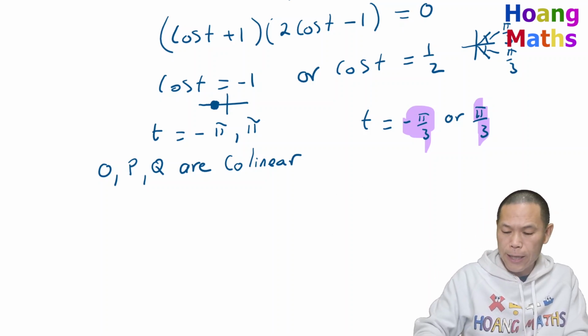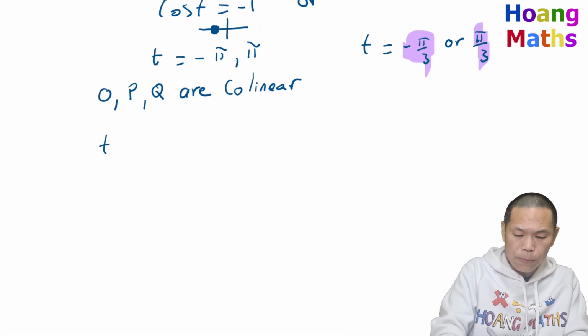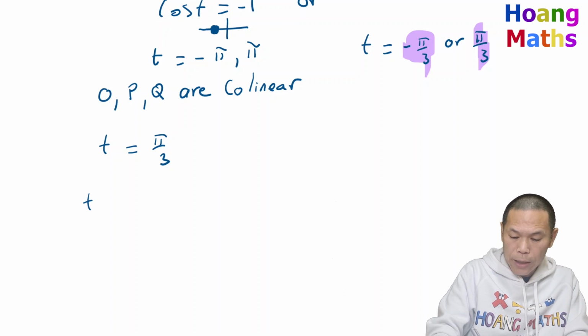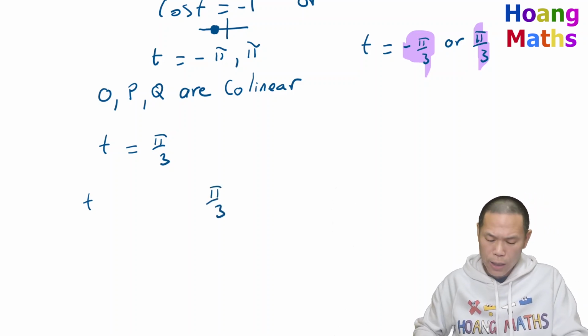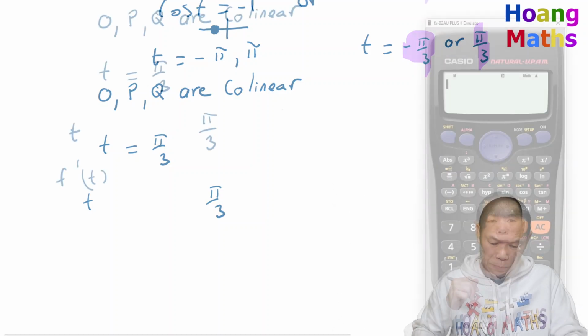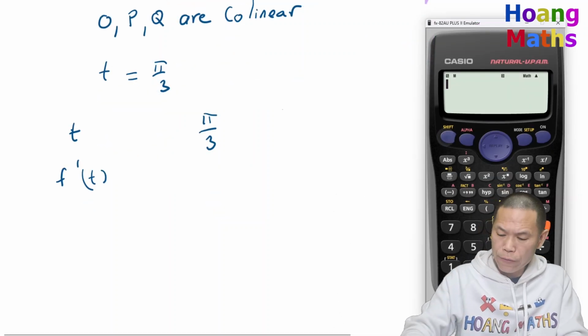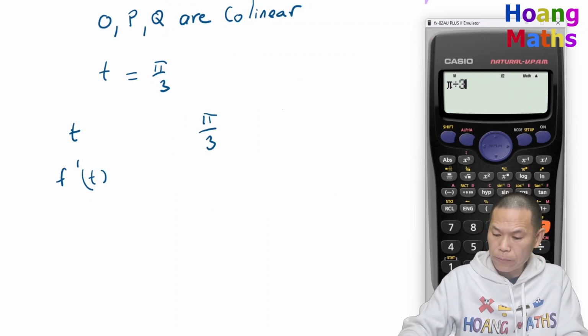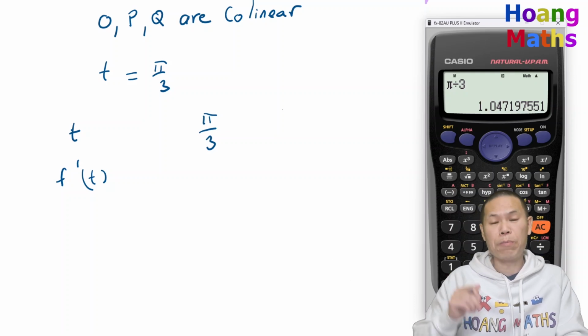So let me just test it. When t equals pi over 3, let me just write this down. T is pi over 3, and let me just put it on the calculator. Shift pi divided by 3. So roughly about 1.